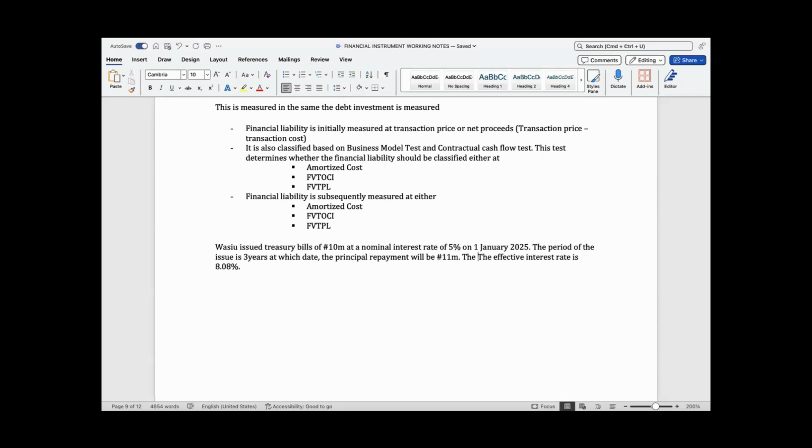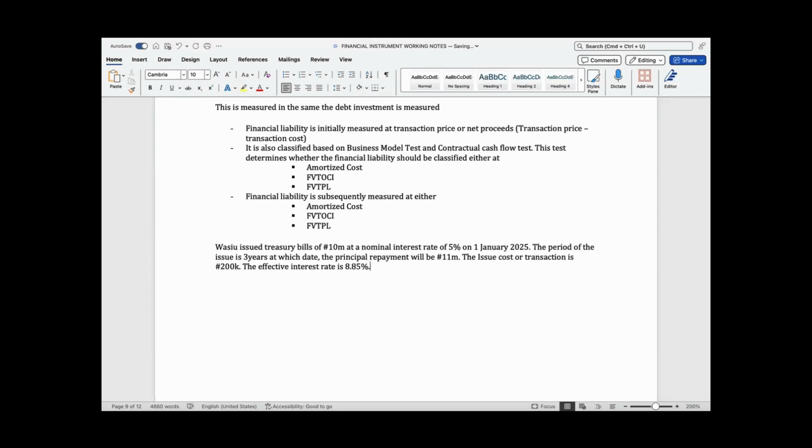Let me add that the issue cost, or transaction cost, is, let's say, 200,000. And they say the interest rate is, let's say, 8.85.